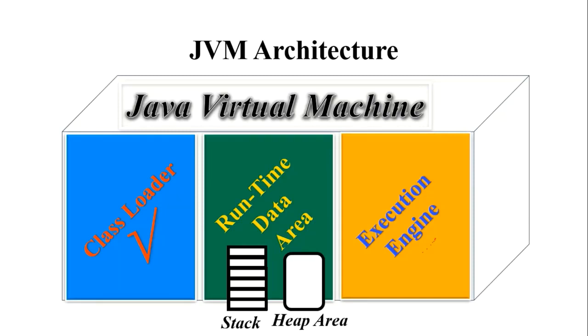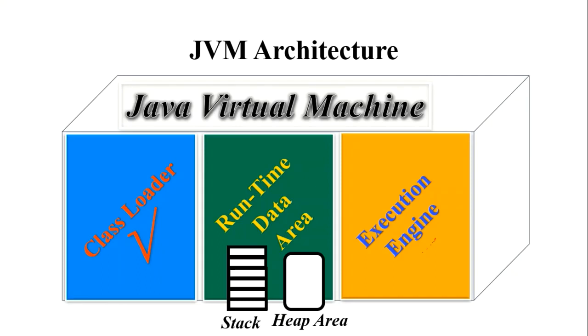Now we will talk about runtime data area. This is the next, or second, main component of JVM. Just like a car needs a road or a train needs a track to run, similarly JVM needs a memory area to store the class files.